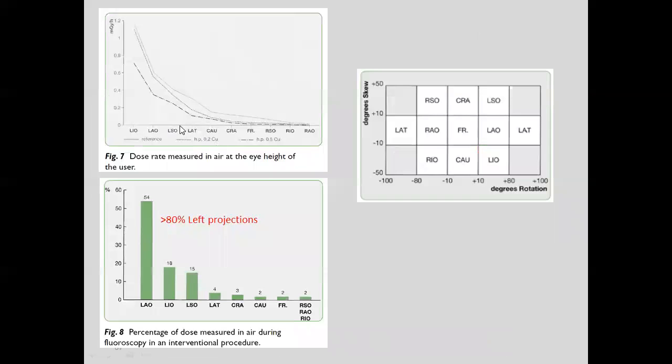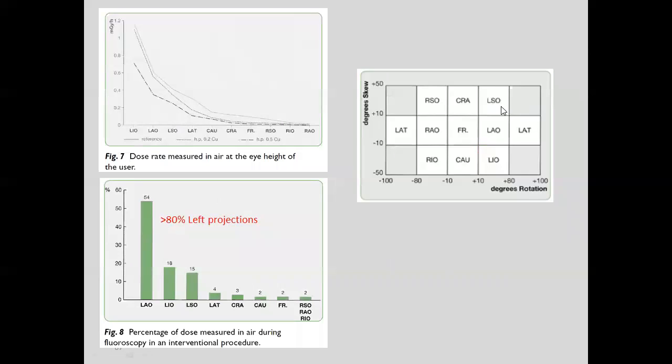So if you look at dose rates in different projections, the LAOs are by far your highest amount of radiation, and 80% of your dose comes from the left projections. Okay, your LAO cranial, LAO caudal.